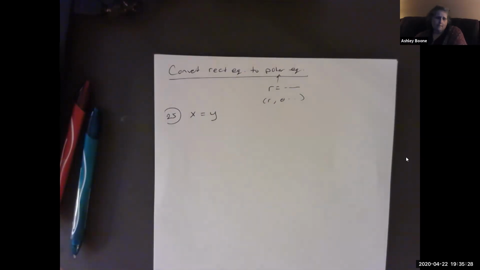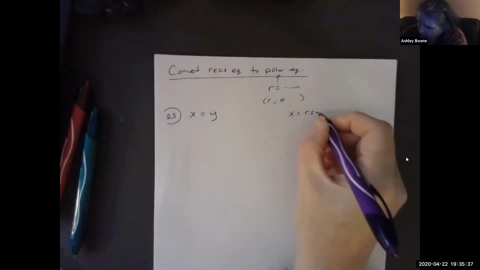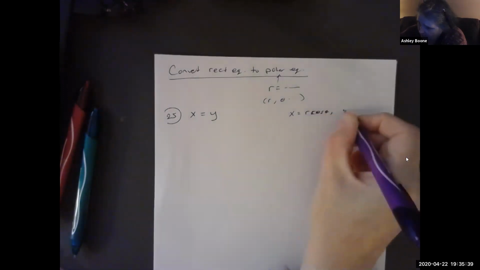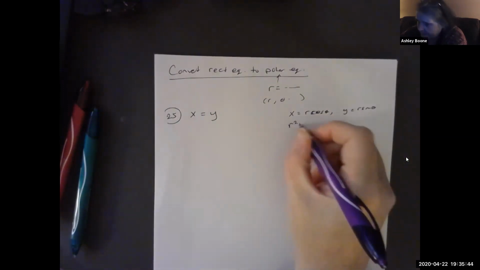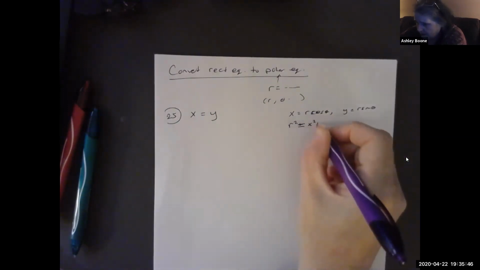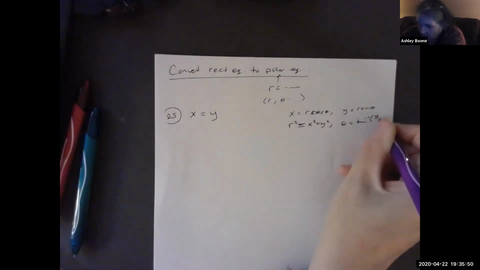All right. As we look at this one, a few things that we know. X is equal to r cosine theta. Y is equal to r sine theta. I'm writing our toolbox down again. R squared is x squared plus y squared. Theta is inverse tangent of y over x, where x is not 0.